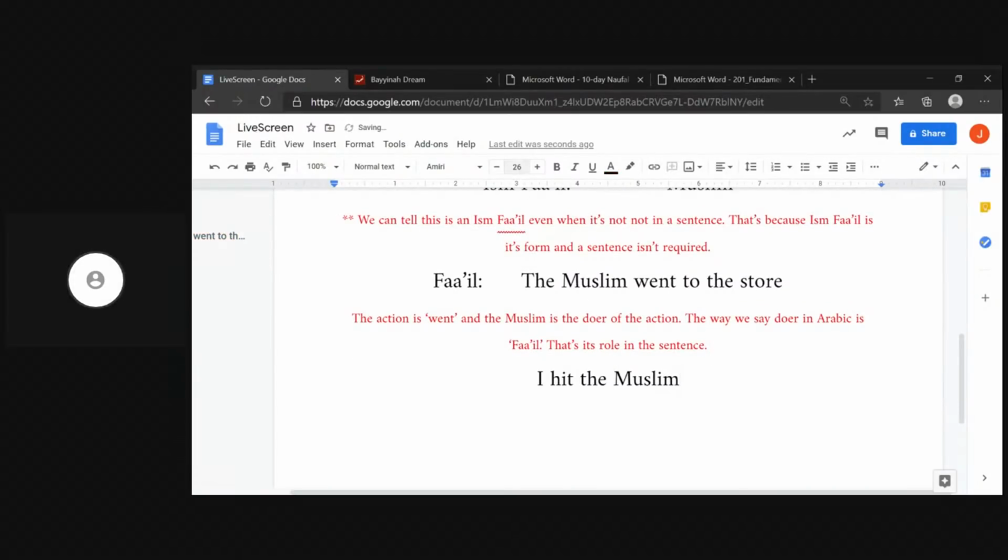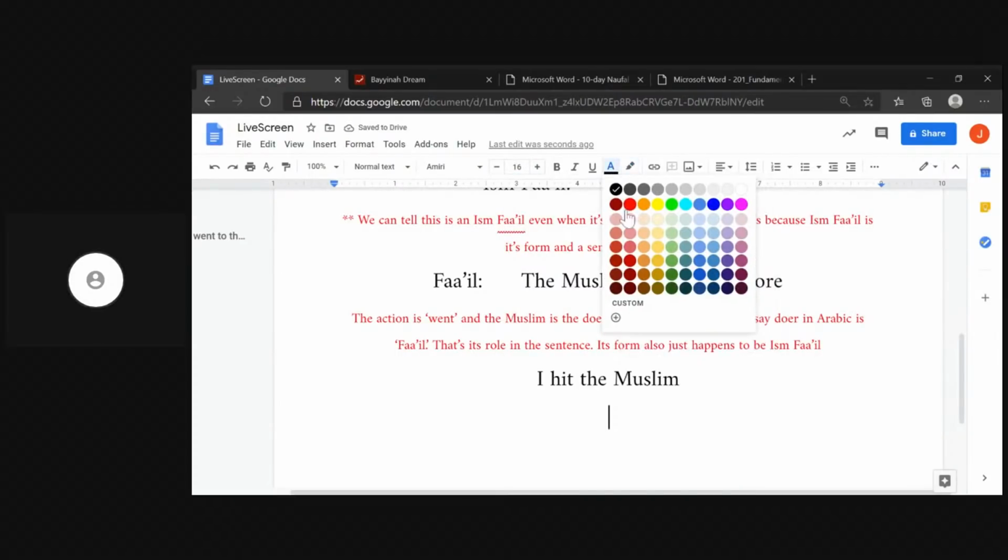In the second case, let me add one more. It also has a form. Yeah, that's right. Its form also just happens to be ism fa'il. But you don't have to have an ism fa'il as the fa'il. The fa'il can be a lot of different things, like we saw in the second sentence.